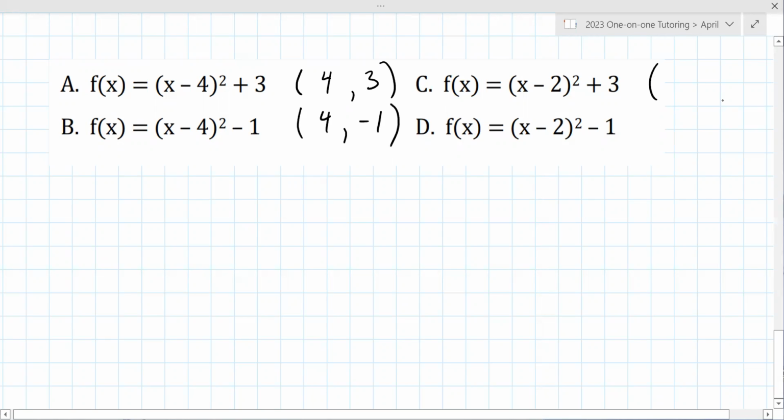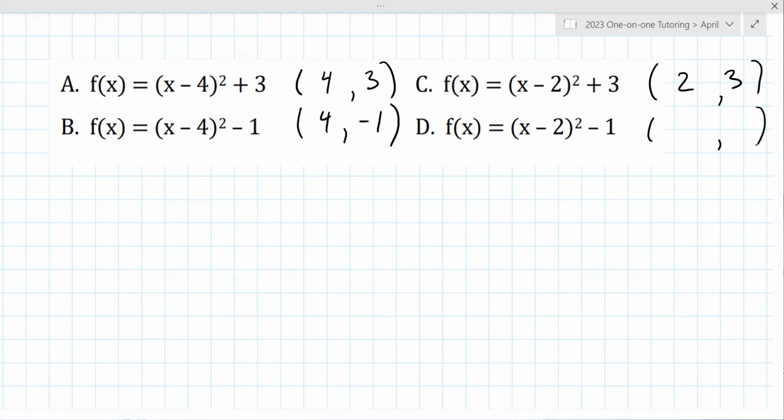Okay. And then we'll go over and look at C. The vertex of C is 2, 3. What's the vertex of D? 2, -1. Why is this one negative all of a sudden?